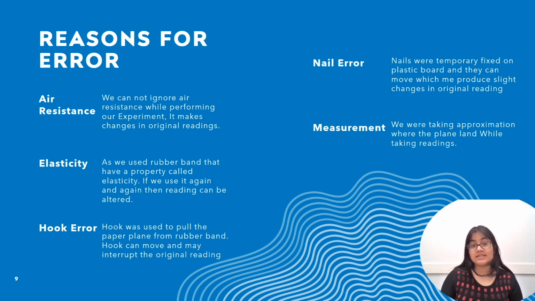There can be a few reasons, like air resistance or elasticity, or a hook error, where the hook we placed in the paper can be disbalanced or disturbed. There can be a nail error, where the nails that we placed inside our board may be displaced or a bit weak, so while performing they moved somewhere. And there can be a measurement error.